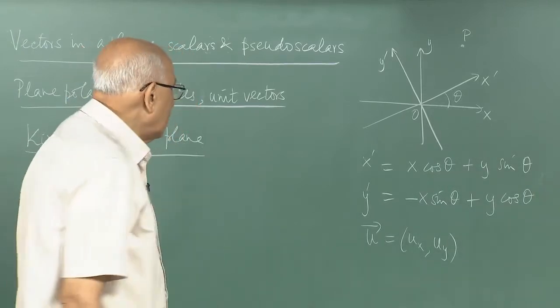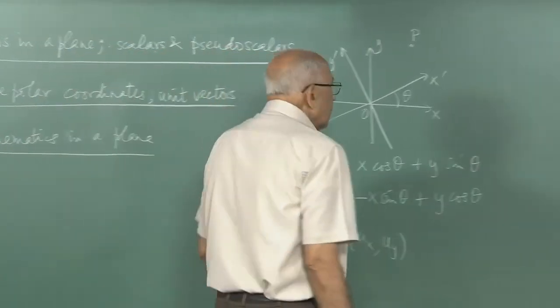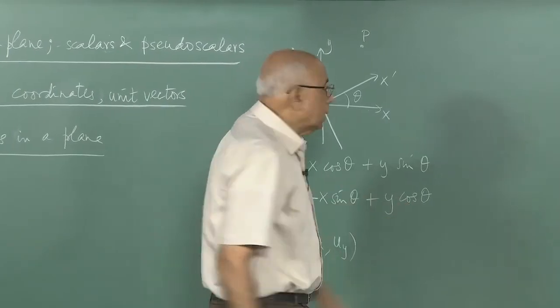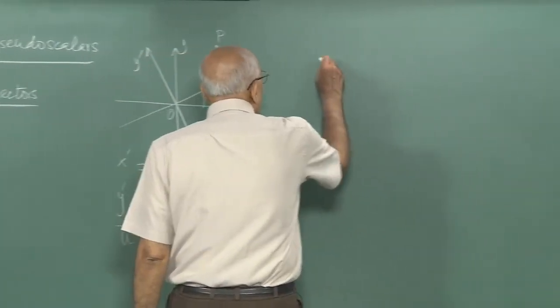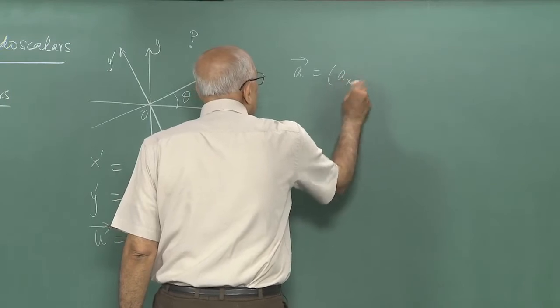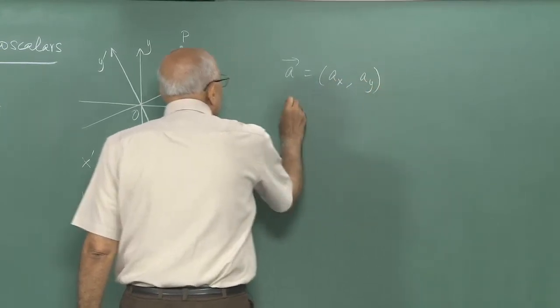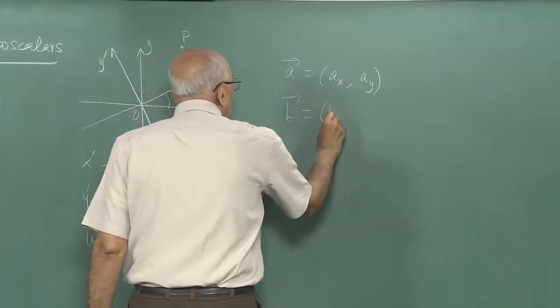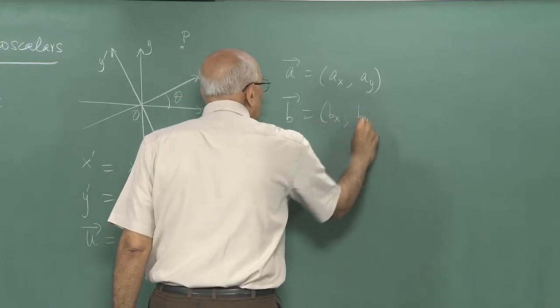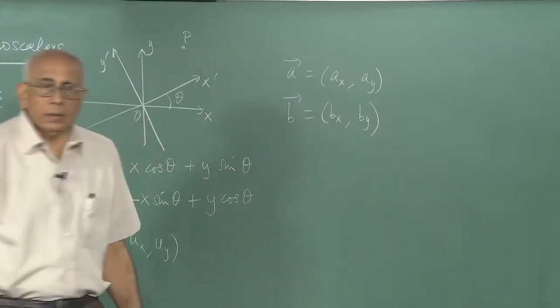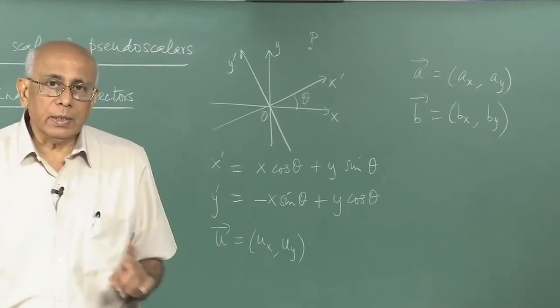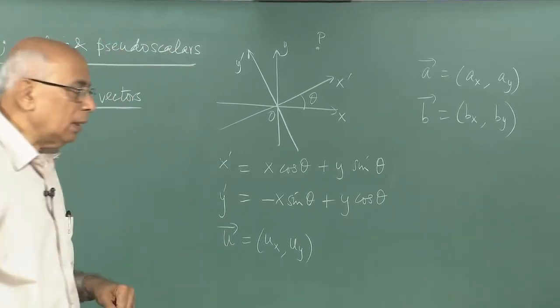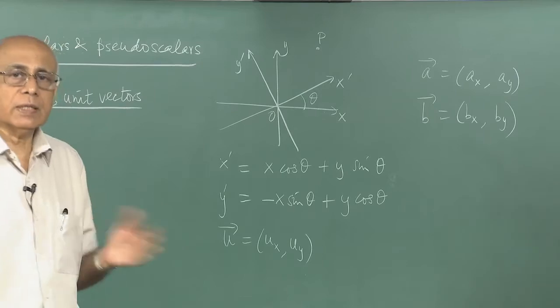Now once we defined a vector in this fashion, we introduced the idea of a dot product. So if you have a vector A which has got components ax and ay, and another vector B which has got components bx and by, then from these two vectors A and B, you can actually form three different scalars.